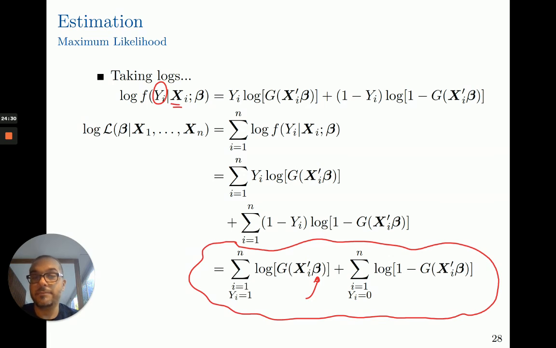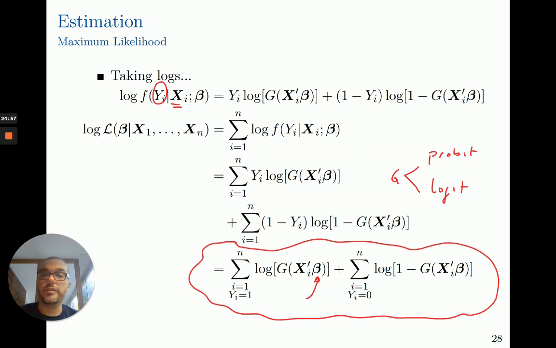And this expression has nothing to do with the choice of g. Then we have to select a g function, and so far we took the simplest way, where g can be probit or logit.